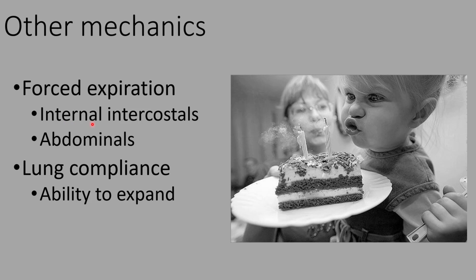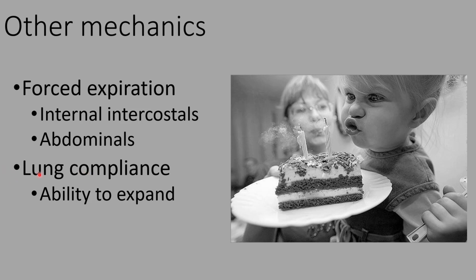It uses the internal intercostals and the abdominals. And remember, the quiet expiration, the eupnea expiration, that was passive. We were relaxing muscles. But forced expiration is active. It contracts the internal intercostals, it contracts the abdominal muscles to force air out.